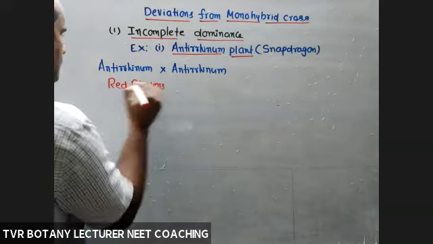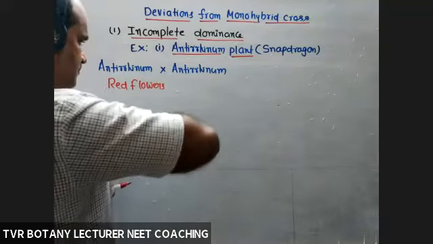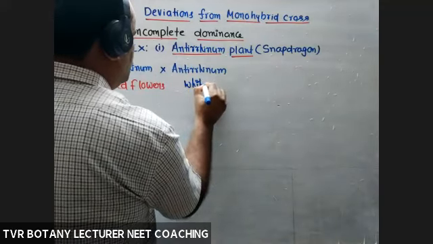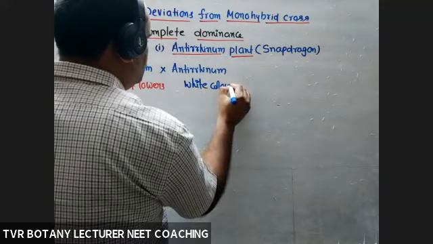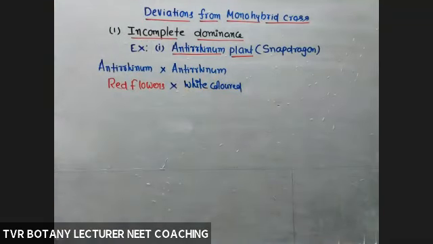The phenotype of the first Antirrhinum plant is able to produce red colored flowers, and this one produces white colored flowers. Okay, so that is about the phenotype of Antirrhinum plant. Actually, Antirrhinum majus. Plant 1, plant 2, intraspecific, within the same species.